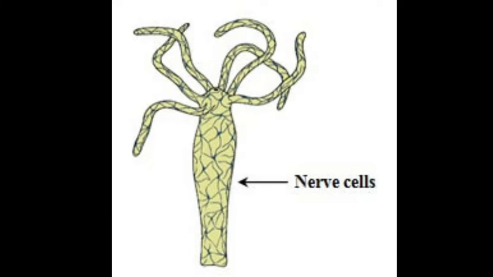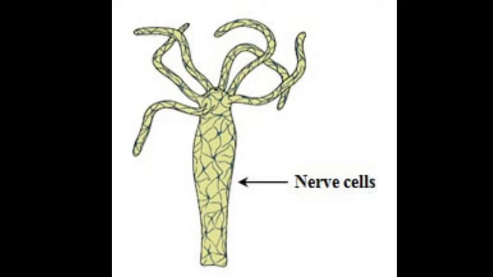But all of this happens when we have sense organs, because as we know there are five sense organs in our body: eyes, ears, nose, tongue and skin. We receive information from the environment through these sense organs.